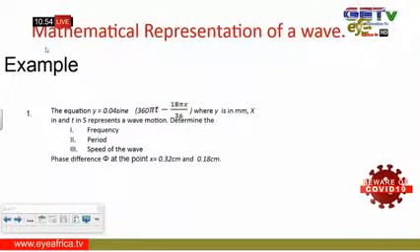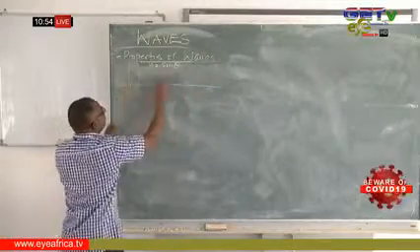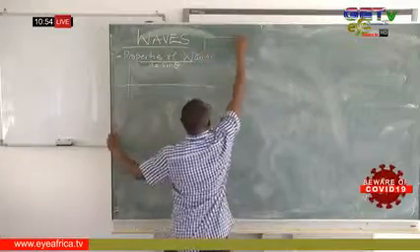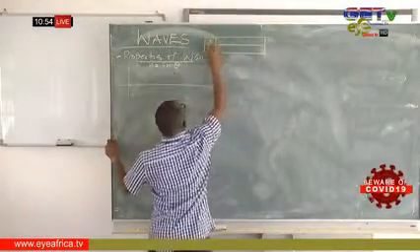Remember this, if you did your trigonometry well, you must have seen that if you plot the graph of sine theta, you will have a graph like this. Let's say I have a table with x and y.